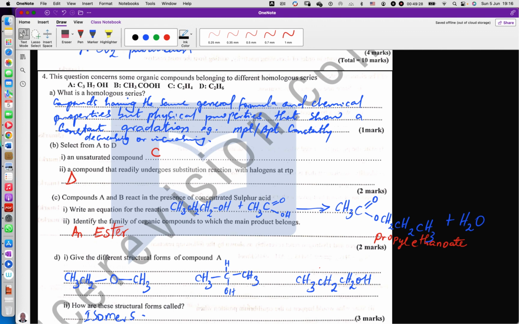So now the different forms of compound A, we have ether.